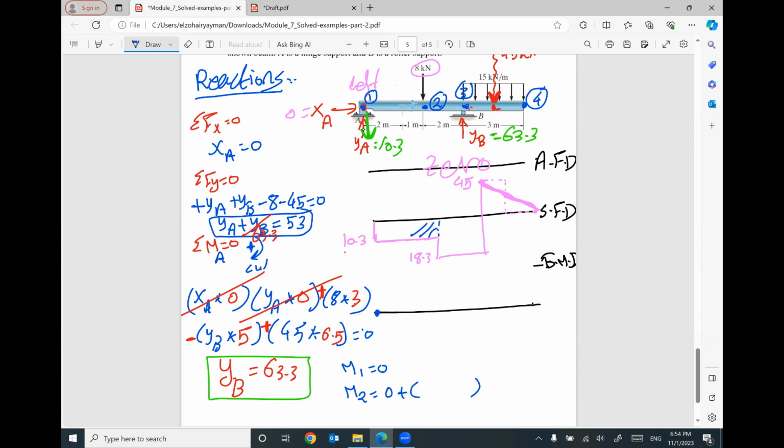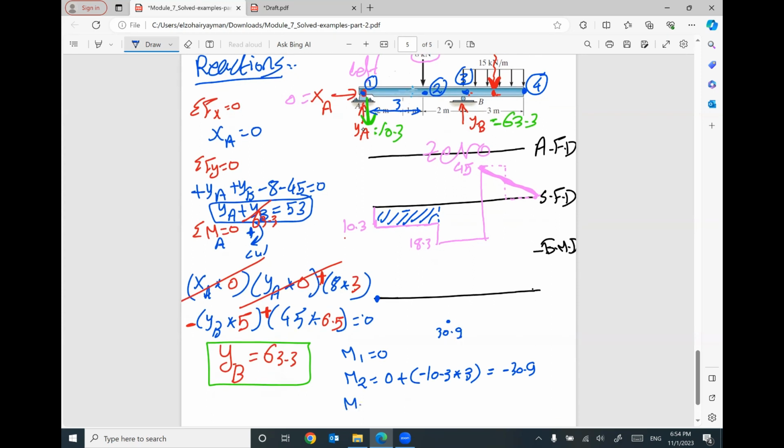We have this rectangle, which is negative 10.3 times 3. This length is 3. So your value will be negative 30.9. So we have a value here, negative 30.9. M3 equal previous value M2, negative 30.9 plus area of shear in between.